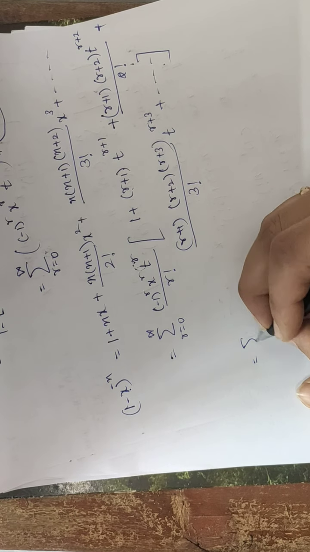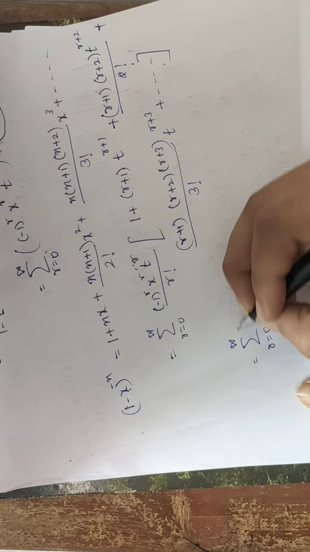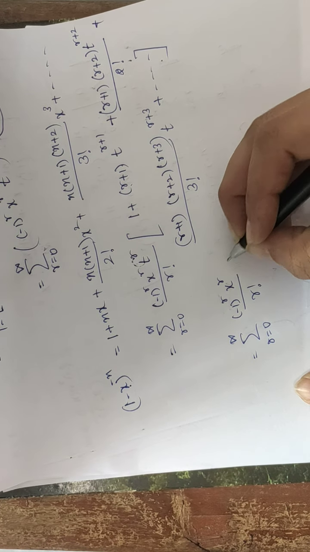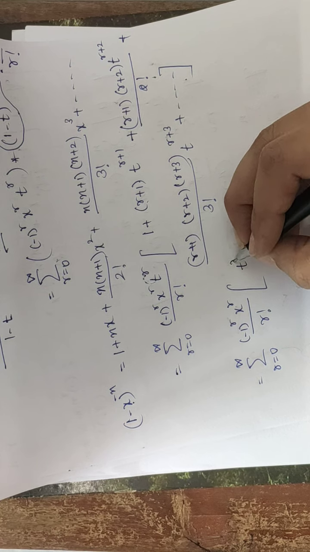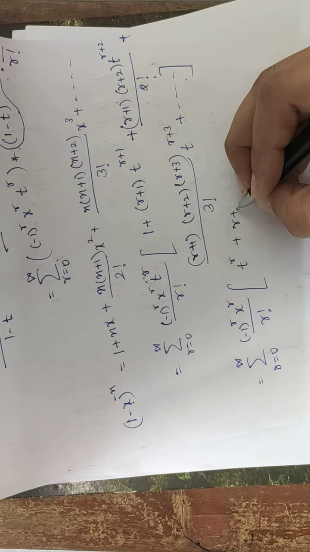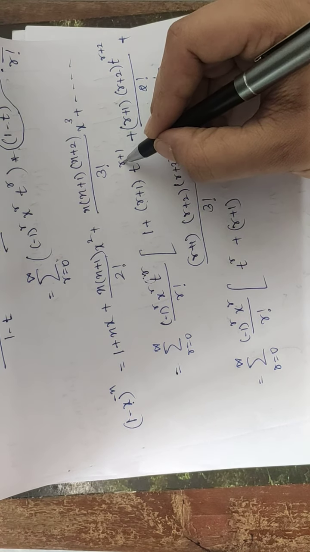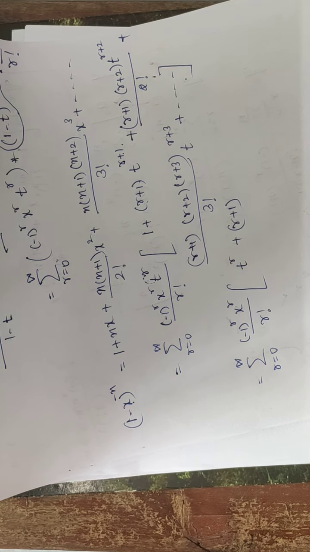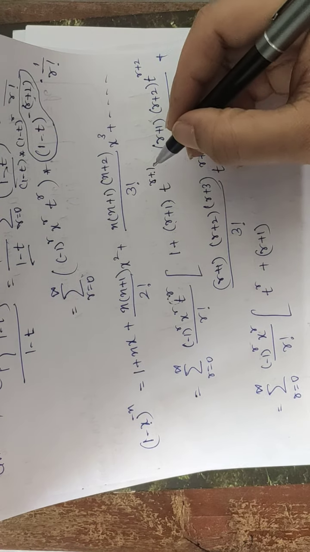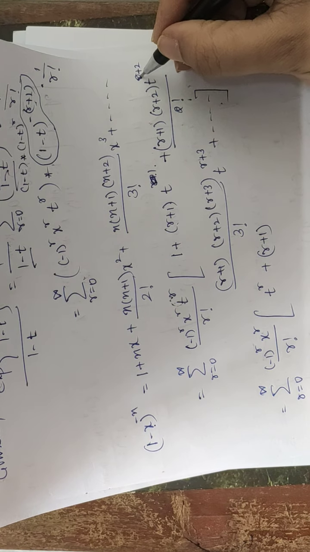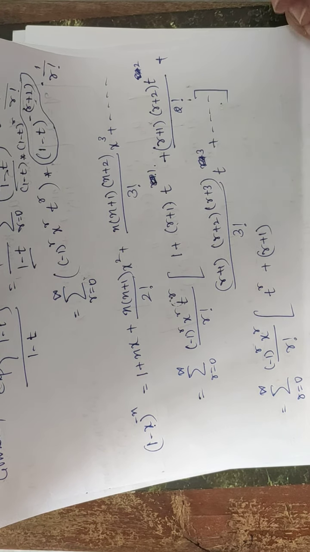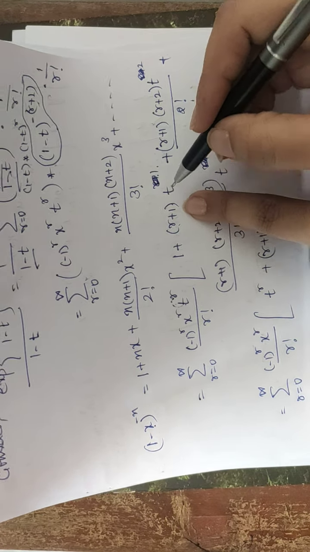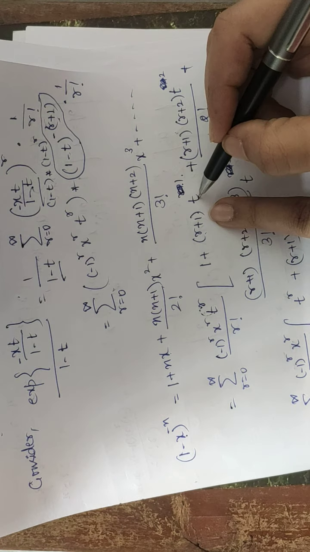So this will be equal to summation r is equal to 0 to infinity minus 1 power r x power r by r factorial into t power r plus r plus 1 into t power r plus 1... Okay, sorry, this is t square, t cube. Sorry for this mistake. So here in the place of x I have to replace t.